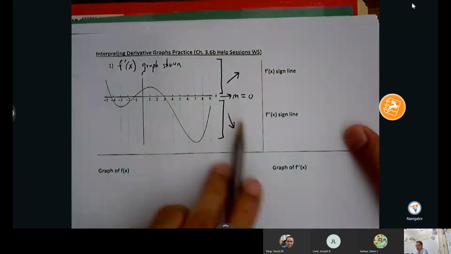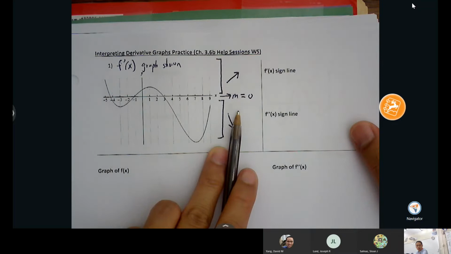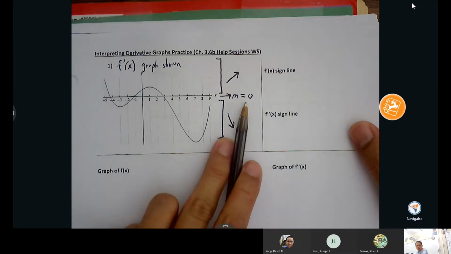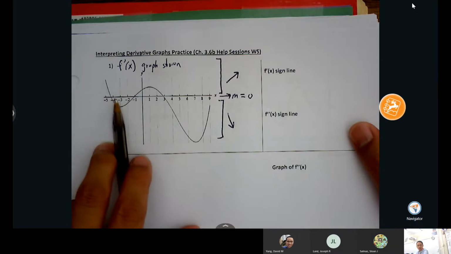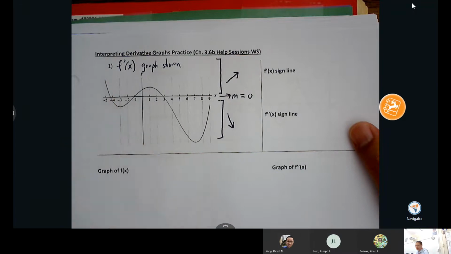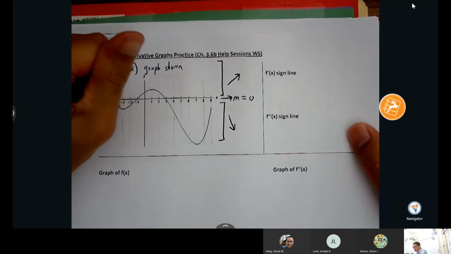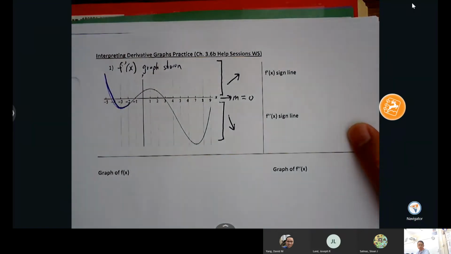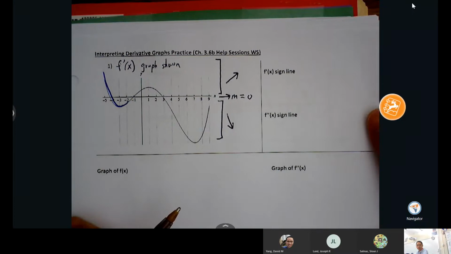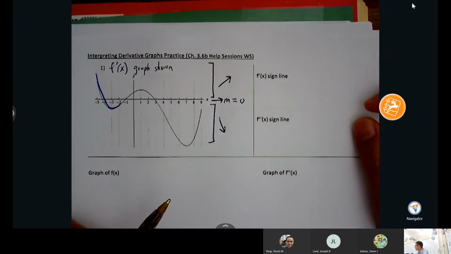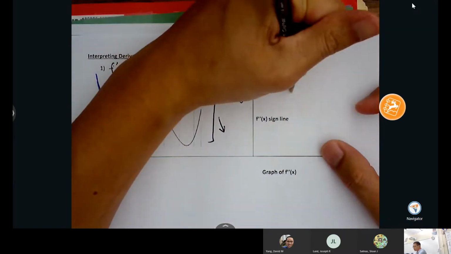So these are the points that we're going to focus at the beginning, because these are going to be our critical points that go on our slope sign line. And just so that I can make this a little bit easier to graph, let's say that the graph went through -4. So let me redraw this graph here. Okay, let's say it went through -4. So then we place all of our critical points, all of our x-intercepts on our f prime sign line.